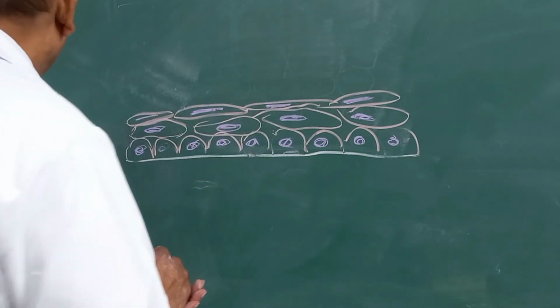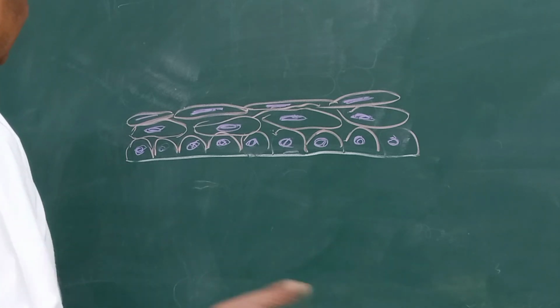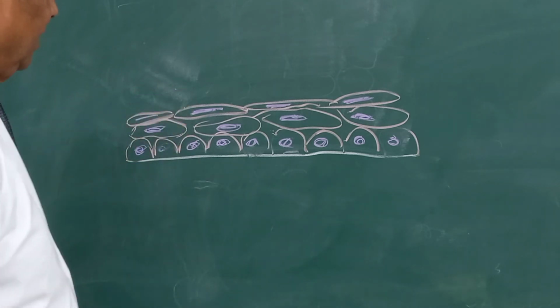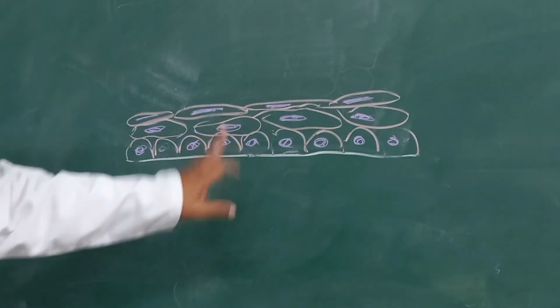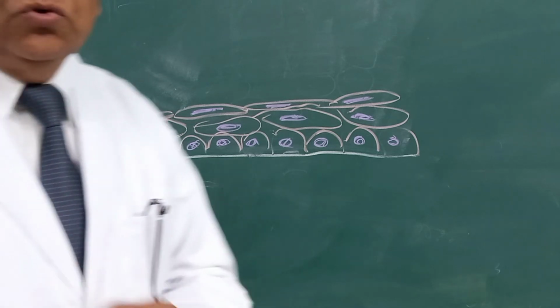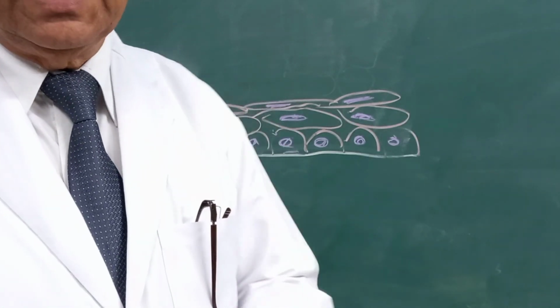As I said in previous lectures also, this is avascular. There is no blood supply to any epithelium. Of course, the nerve terminals can be there.